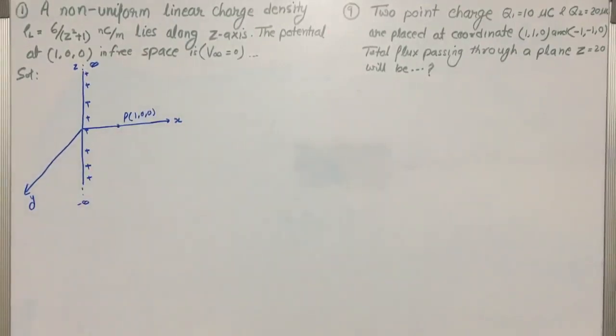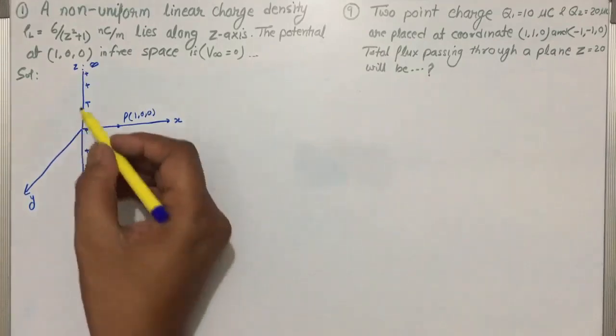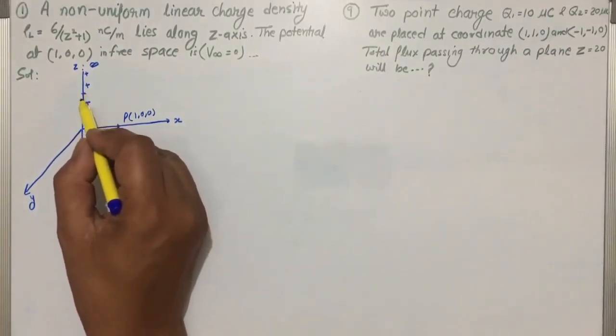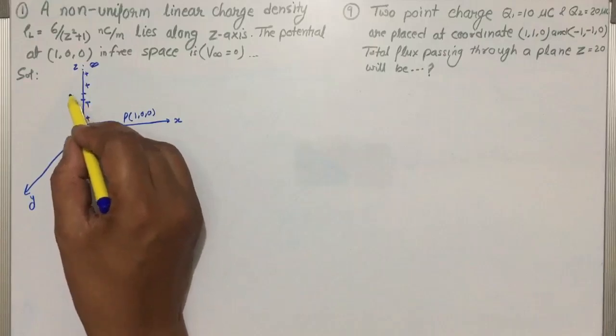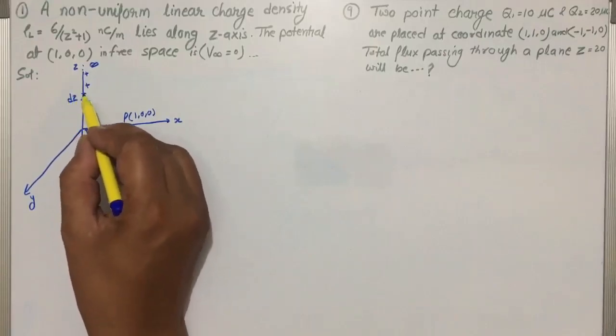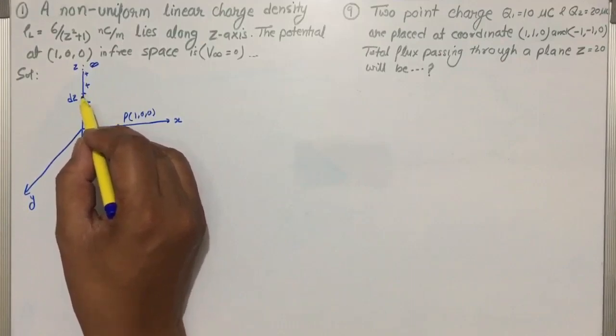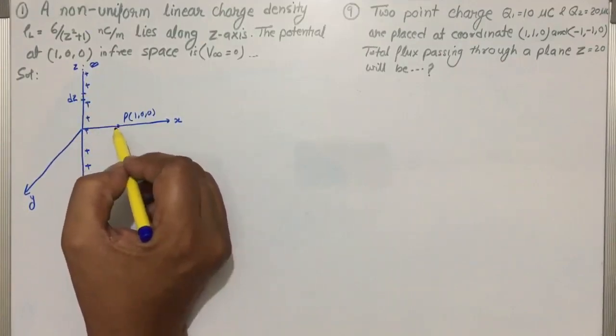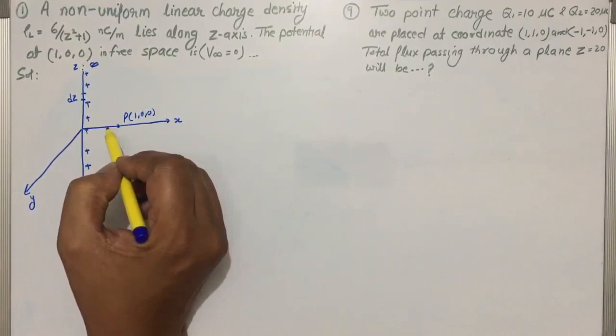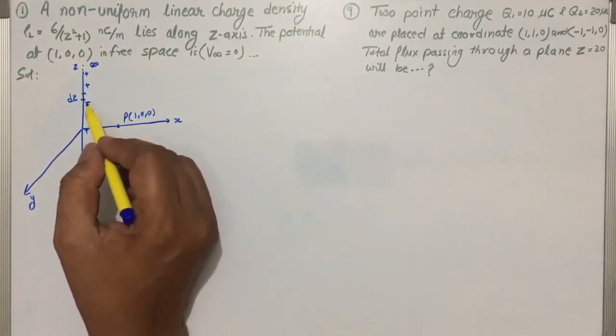For that purpose, first take an element dz, find the charge available in dz, and from that charge find the potential at this point, because for any charge we know the potential at a point away from it.